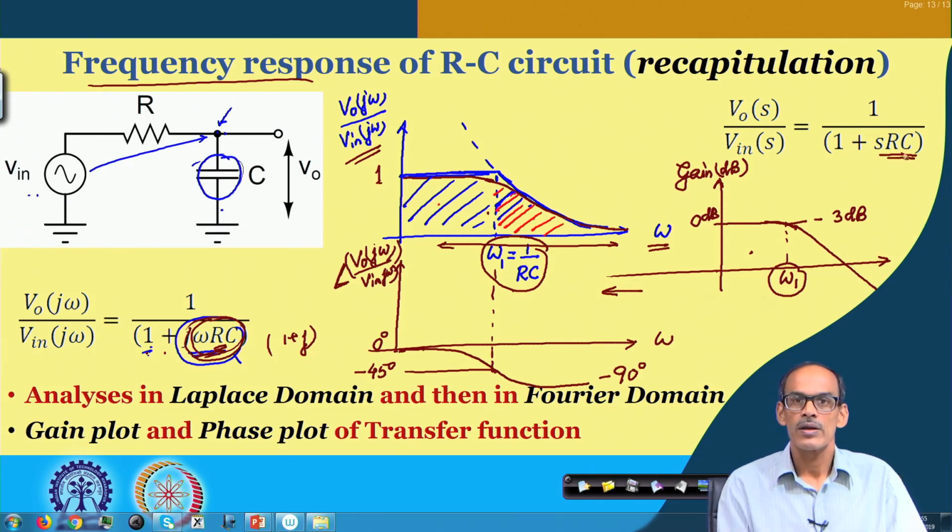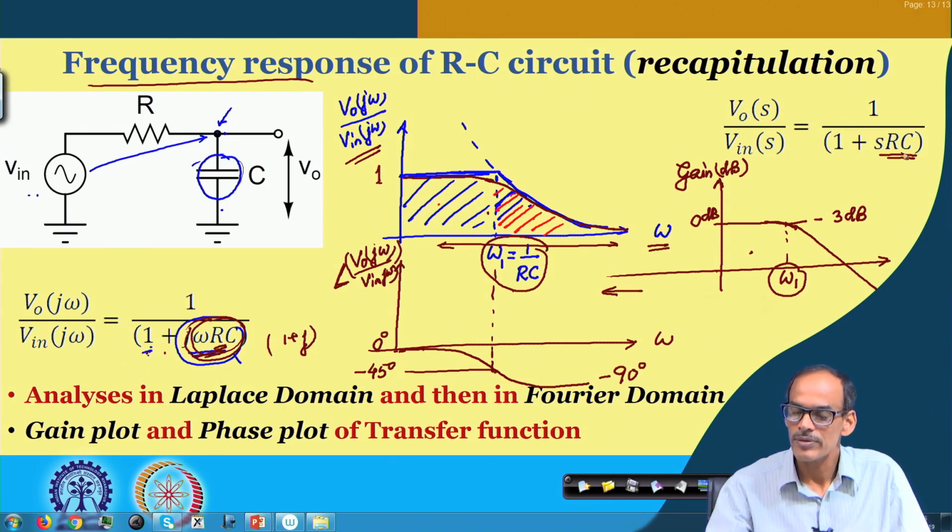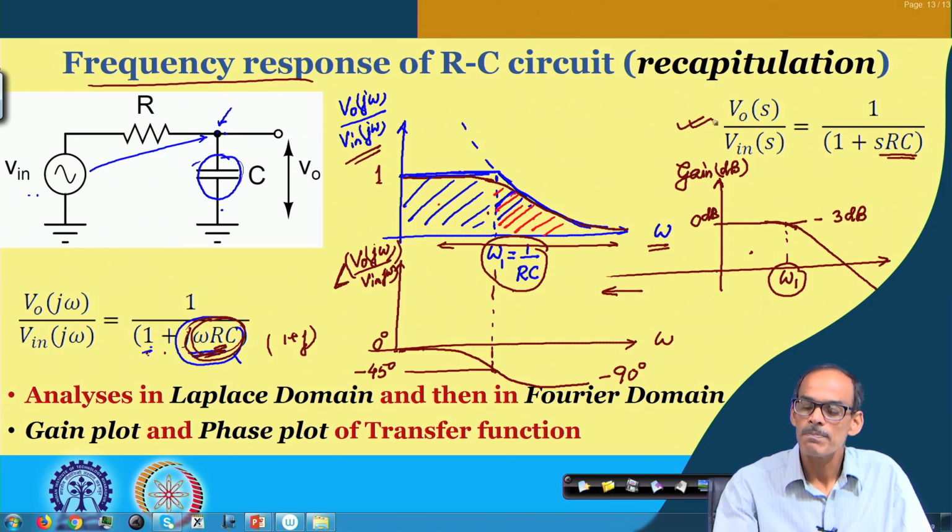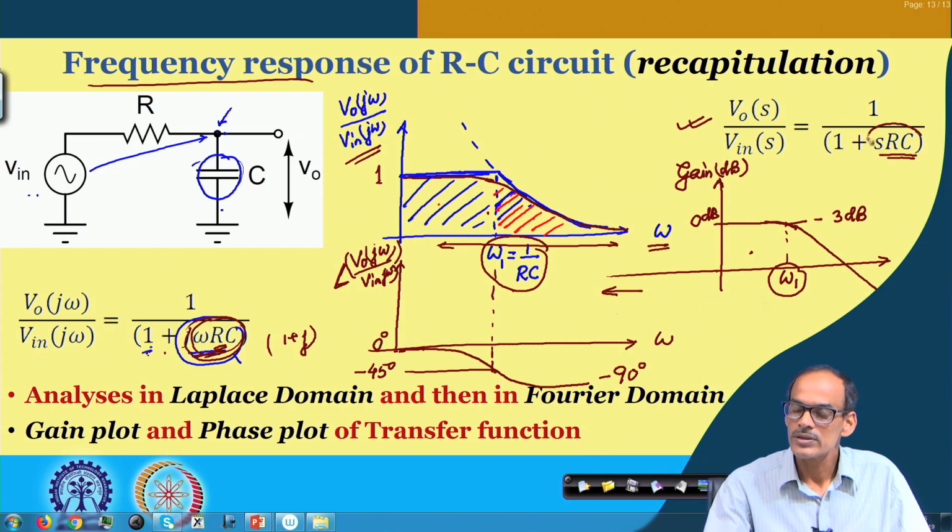So, this corner frequency, whether in the frequency response or in the Bode plot, is related to the location of the pole. Here again we are getting a direct relationship of this pole and this corner frequency. Just by seeing the transfer function, if we know the location of the pole, from that we can tell the location of the corner frequency.